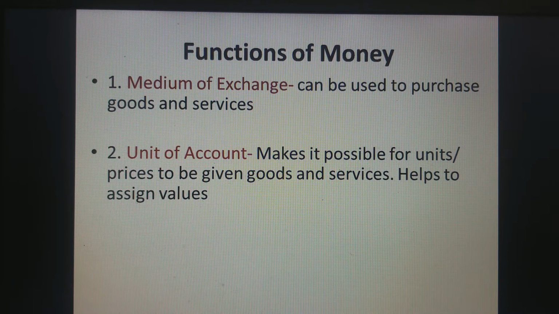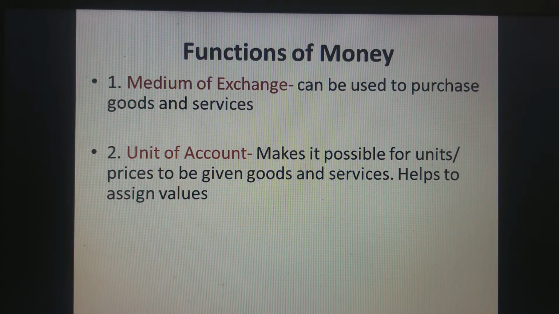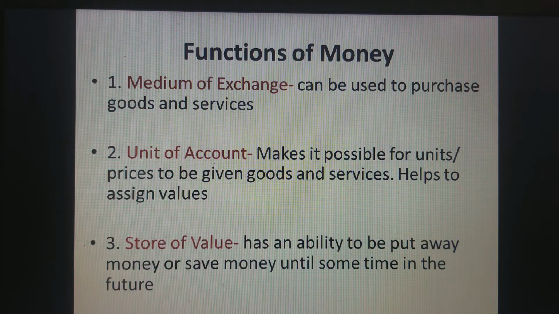What we're saying is that it helps to assign value to the goods and services. So, for example, you say a loaf of bread costs $10. You are assigning monetary value to the bread. So it's a unit of account.